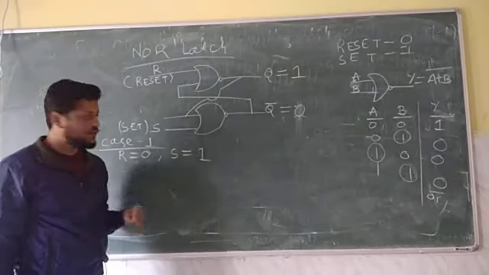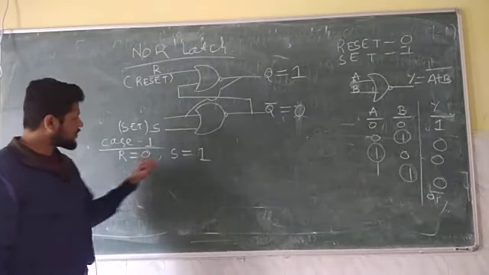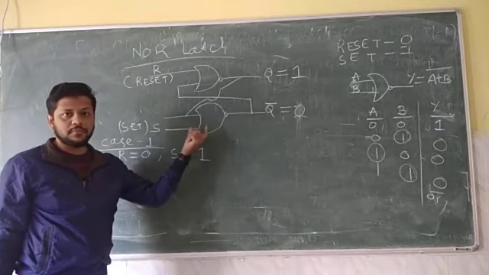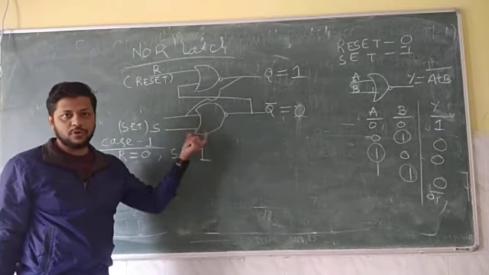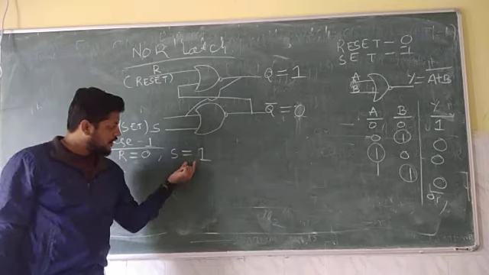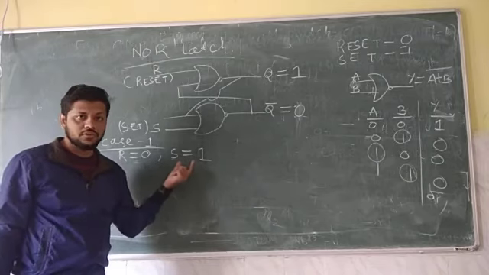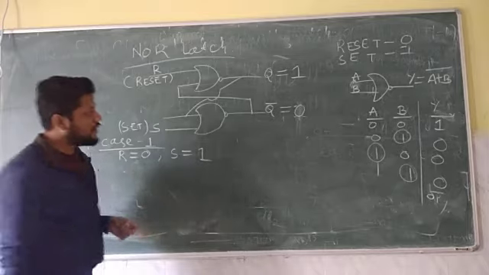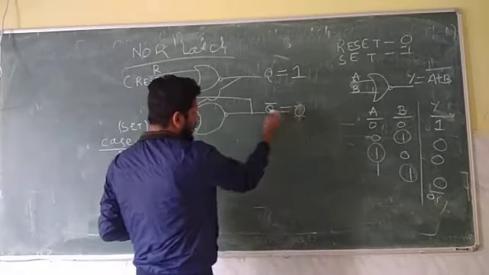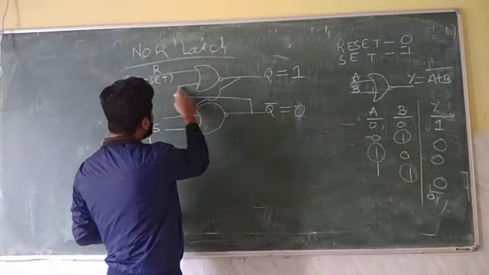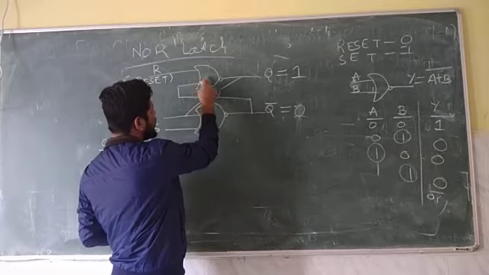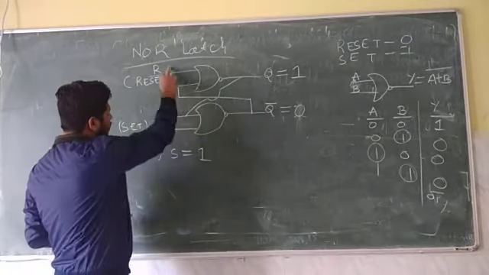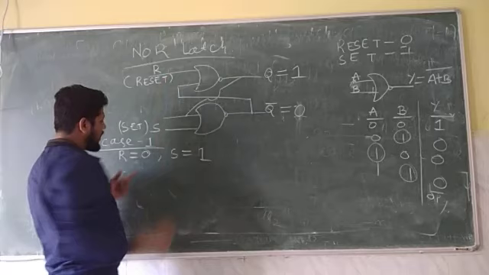You can observe that the moment S is equal to 1, this second gate is active first. This second gate will produce the output first, because the NOR gate is very, very sensitive to this one input. So the moment you apply S equal to 1, the output Q bar is equal to 0, and this Q bar is connected to the other NOR gate. Q bar is equal to 0 and R is equal to 0, which I have already taken.